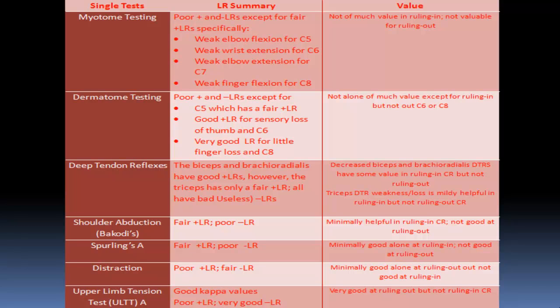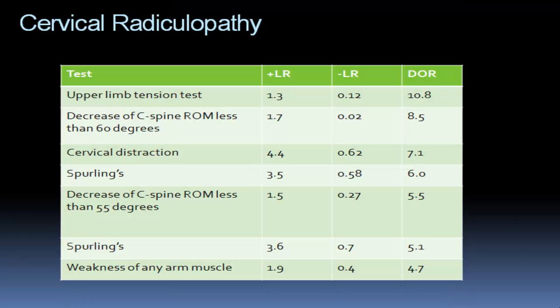Now let's look at cervical radiculopathy. Similarly, we can see here the rating for both orthopedic and neurologic testing based on likelihood ratios. Looking at the diagnostic odds ratios for the top tests, we can see again the better rule-out tests, the ones that are both sensitive and have a low or negative likelihood ratio.